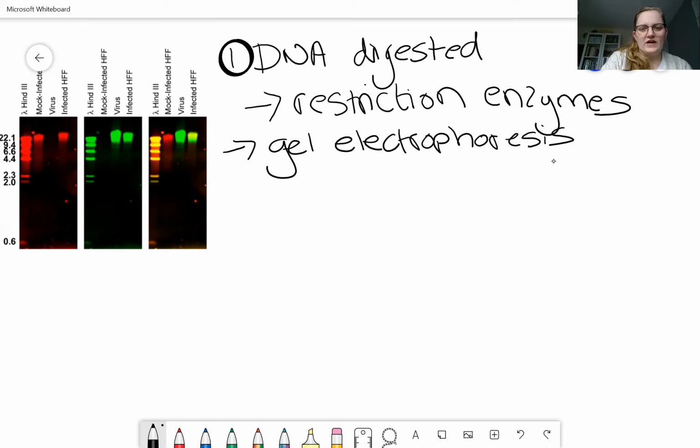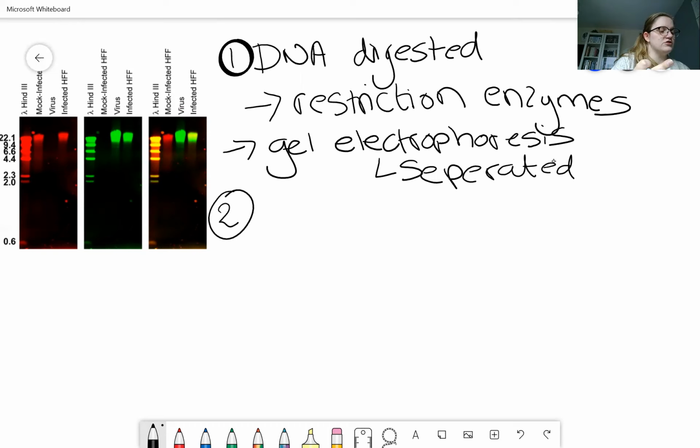So our DNA is digested using restriction enzymes, and then it is separated using gel electrophoresis, so we have all those parts of the DNA separated out. These separated DNA fragments are then transferred to a nylon membrane and incubated. We're going to go through that Southern blotting process.